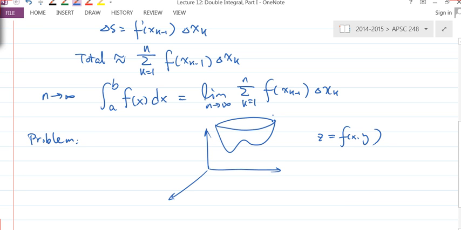Now the problem I'm asking here is, what will be the volume between this surface and its projection in the xy plane? Projection, basically, you project this surface into the xy plane.